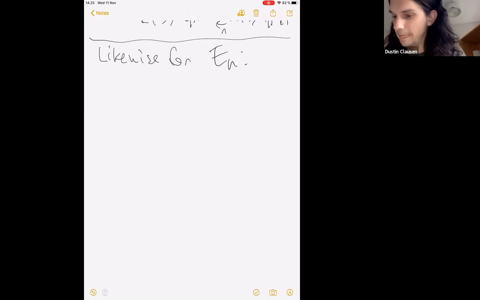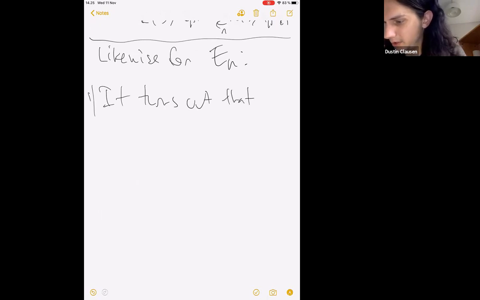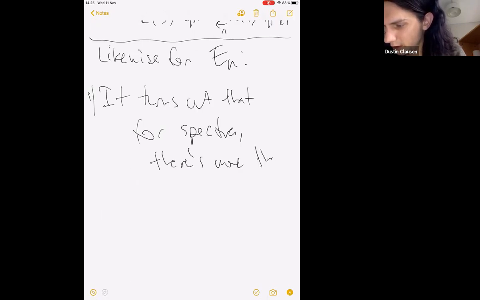Well, it turns out, as for case 1, that for spectra, there's more than just p. You can intrinsically complete that.